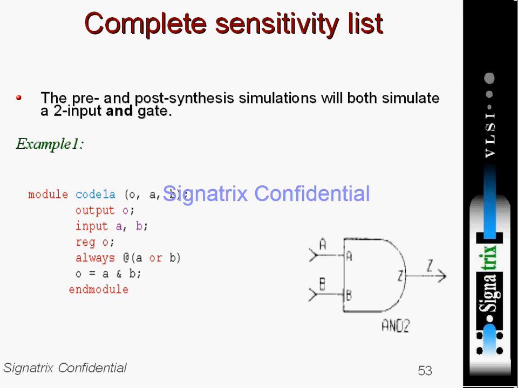Suppose you have written an initial statement, it would execute and come back after execution. It won't repeat again and again if there is any change in A and B. Also, initial is not synthesizable, whereas always is synthesizable. Here I think we can see that this code is a good example.